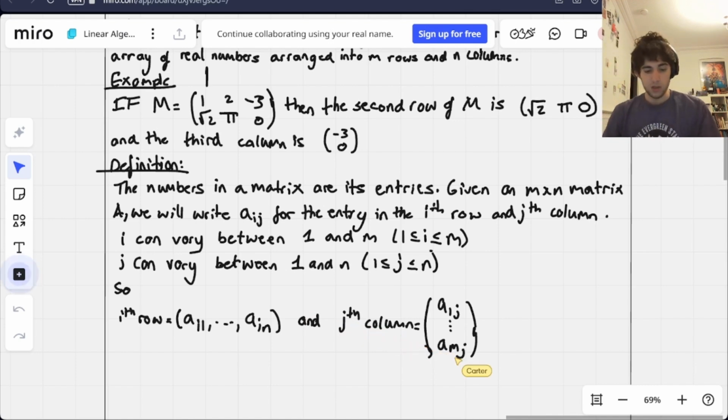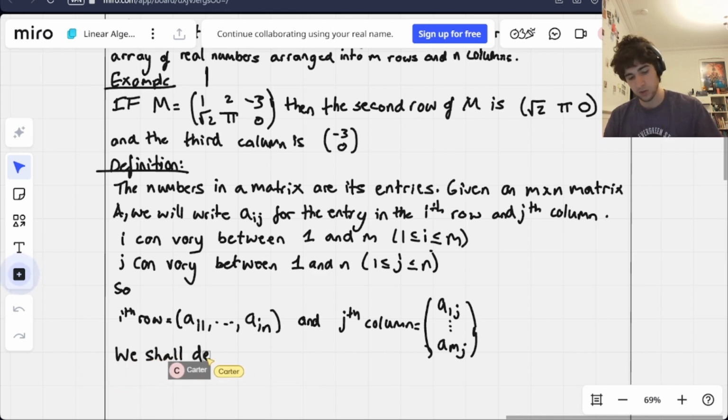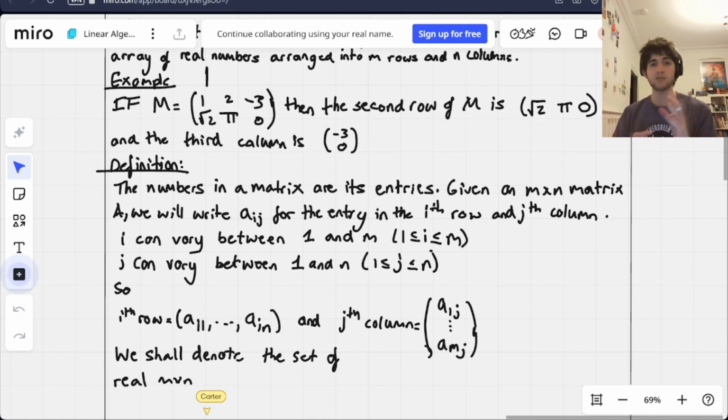So we can keep moving forward. Just as a piece of notation, we shall denote the set of real m by n matrices. All the possible m by n matrices you could ever dream of, we're going to put them all into one big set.